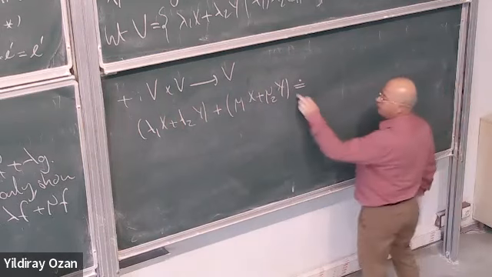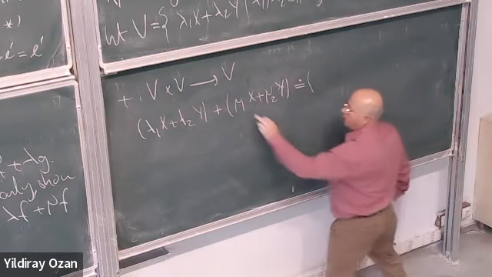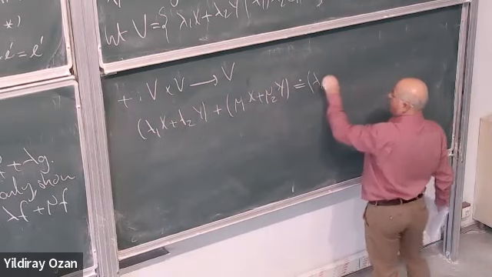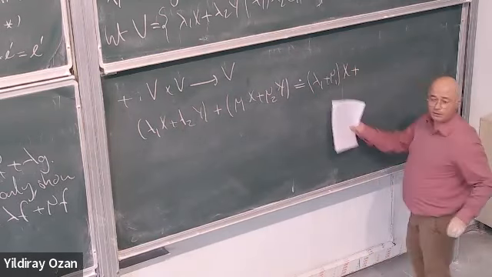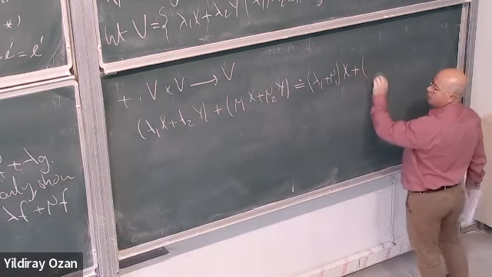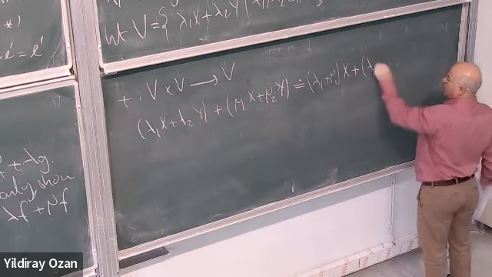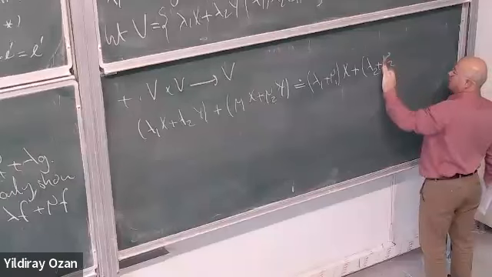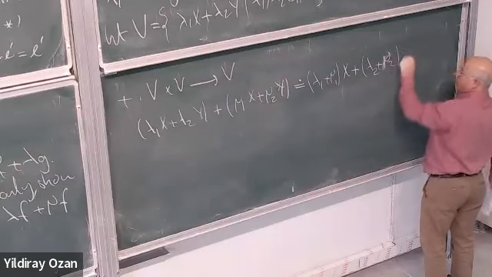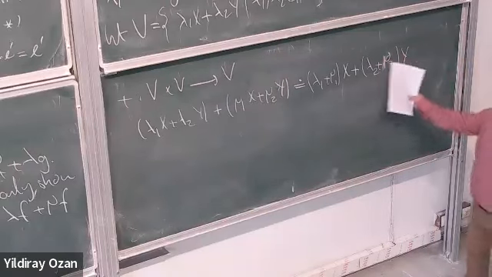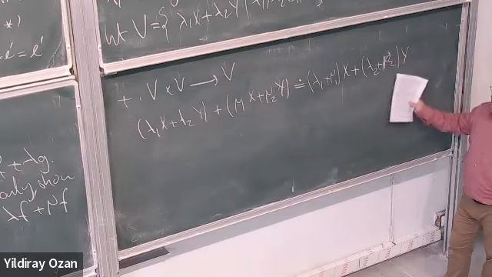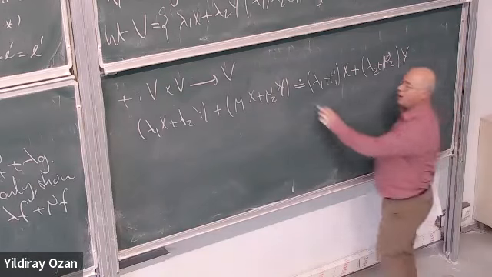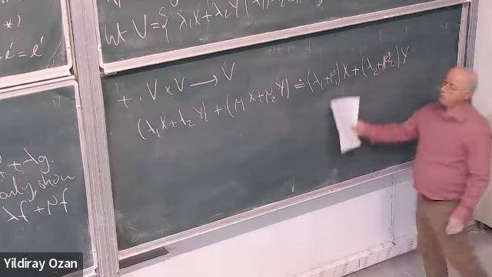The way we define it: take the coefficients of x, add them up, take the coefficients of y, add them up, and you get a third element of the set V. This is how I define the sum of two formal expressions.